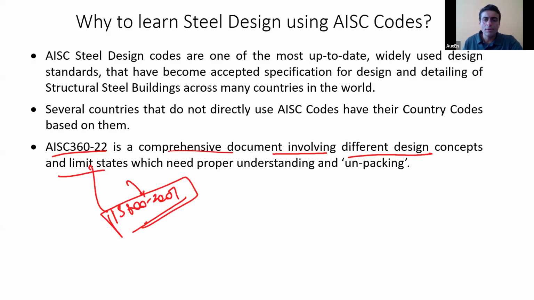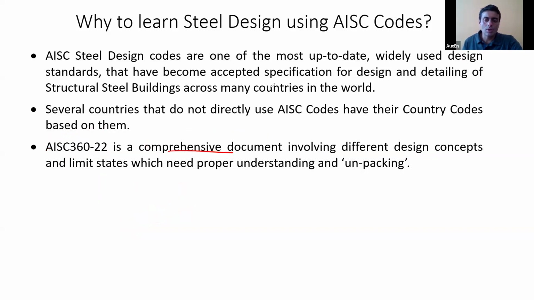Then you will be able to compare different country codes. So if you are able to understand AISC 360, which is the most comprehensive document, in my opinion, then I think you will be able to use other country codes also very easily for design work.